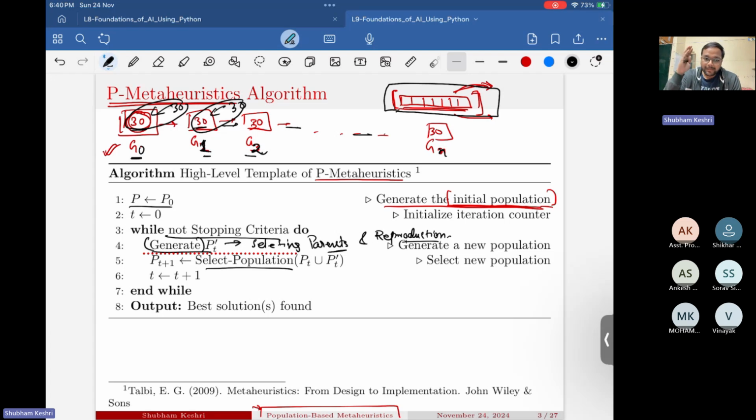But the basic idea remains the same. We will have one population, we will try to generate some new individuals, then we will select the new population and reiterate. All the algorithms I was naming have the same basic structure. Is that all right?